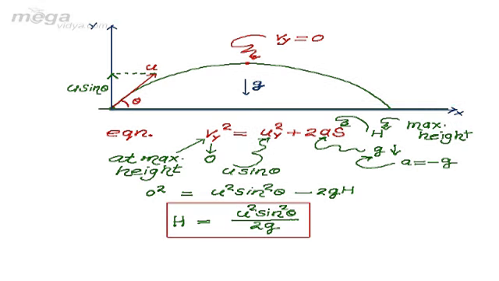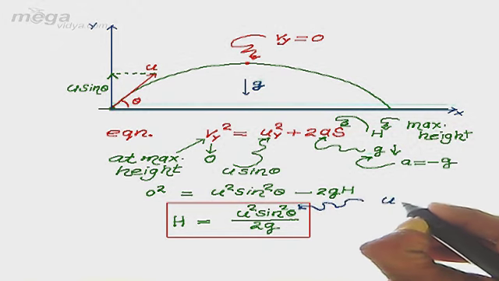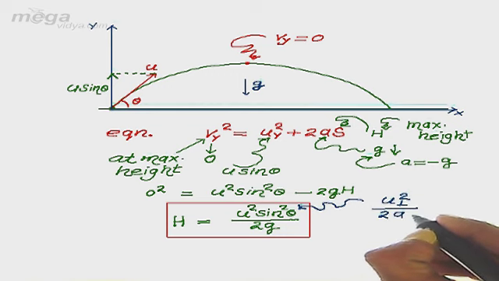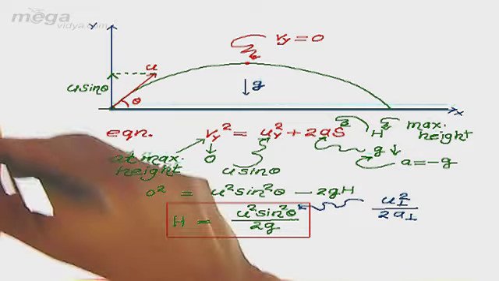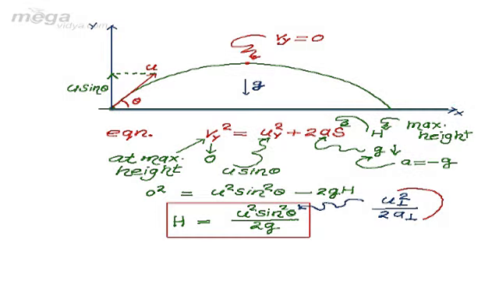Here we can also consider it as u perpendicular square upon 2 times a perpendicular. I have put this relation into this form just for some uses in other cases of the projectile, so just remember it in this form. It will make it easy for us to consider and evaluate the maximum height attained in various cases of projectile.